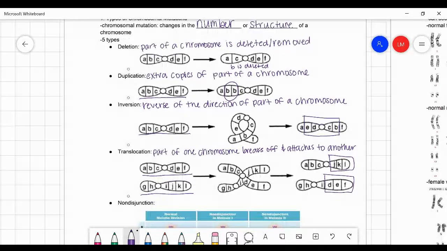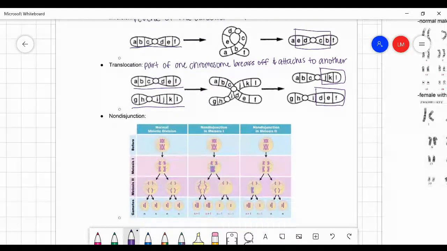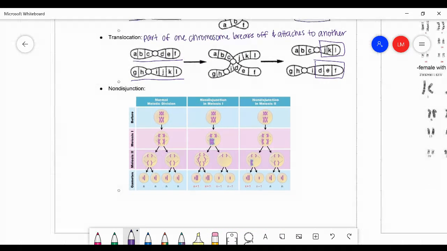And the last type is called non-disjunction, which we can see here. Non-disjunction is an error in meiosis. And there are 2 ways that it can happen.